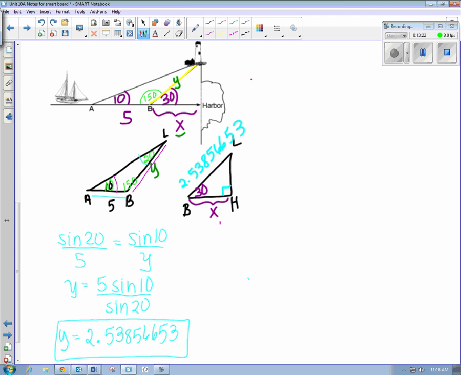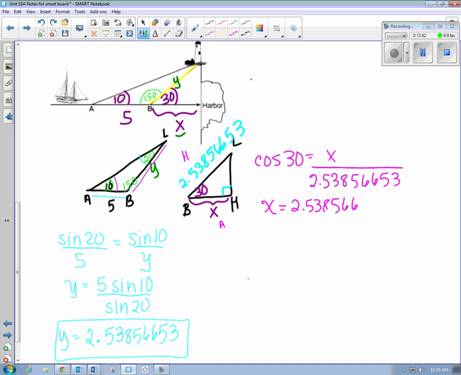So in here, this is my adjacent and hypotenuse, so I can do the cosine of 30 equals x over, remember we are not rounding this, so I have that big number, 2.53856653. So x equals that times the cosine of 30.